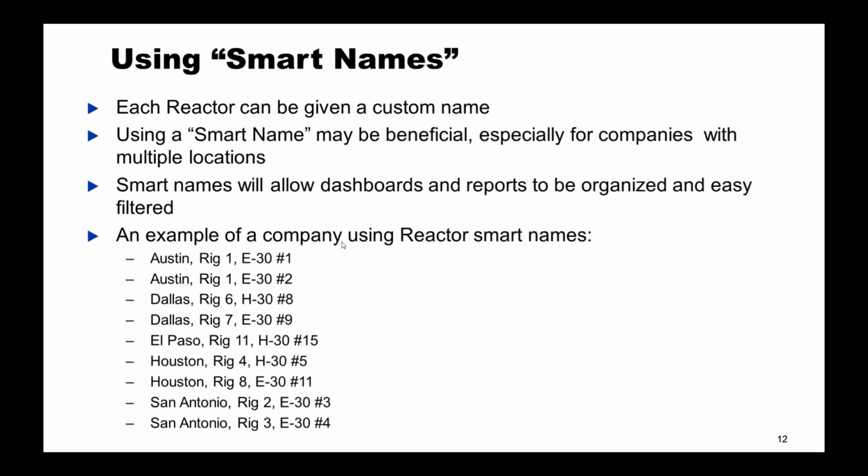So when you're sorting your reports, you see all the units from one location appear together because they'll alphabetize. Or if you're doing a filter, it may be quicker to filter on the word Austin or the word Houston. And it gives you some idea of where your rig is, what type of machine it is. So just consider how you name your reactors, as it may be a useful tool in managing your fleet and running your reports.